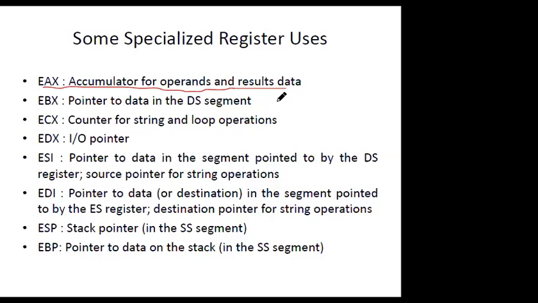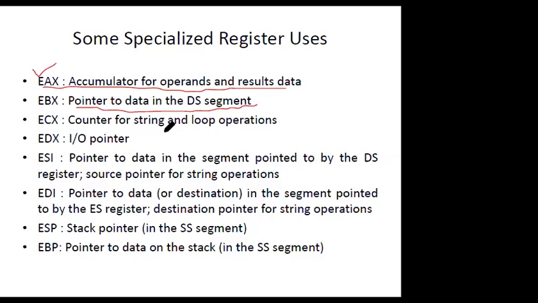The accumulator is for operands and results. Then EBX, extended BX, is a pointer to data in the data segment. So data pointers of the data segment are in EBX.